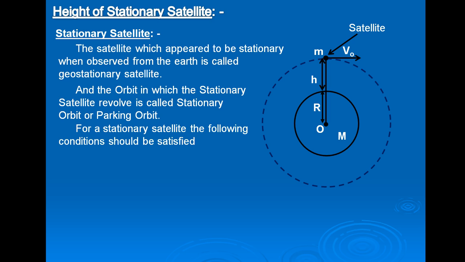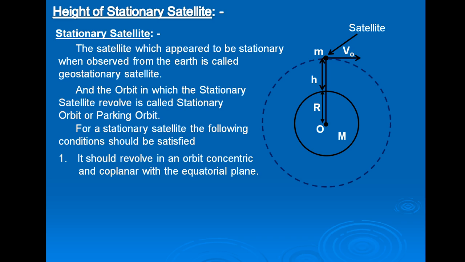Now for the stationary satellite, the following conditions should be satisfied. First, it should revolve in an orbit concentric and coplanar with the equatorial plane. That is, the plane of the parking orbit must pass through the center of the Earth, or it is along the equatorial plane.